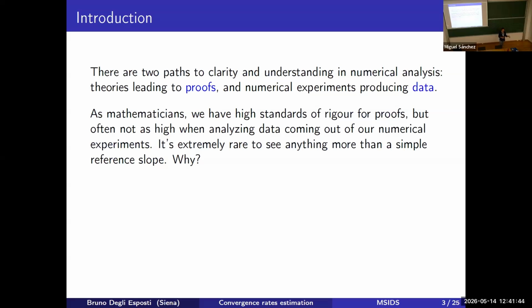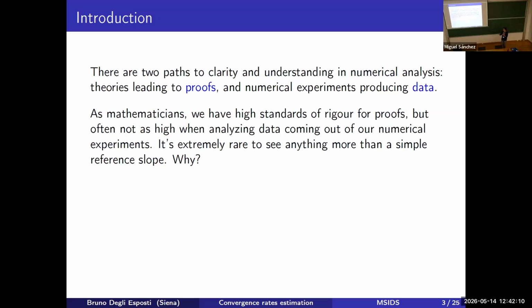We cannot publish a leaky or messy proof. We often don't have as high standards when it comes to the data we gather and how we elaborate the data, unlike experimental sciences like physics, chemistry, and so on. They always do statistical analysis.